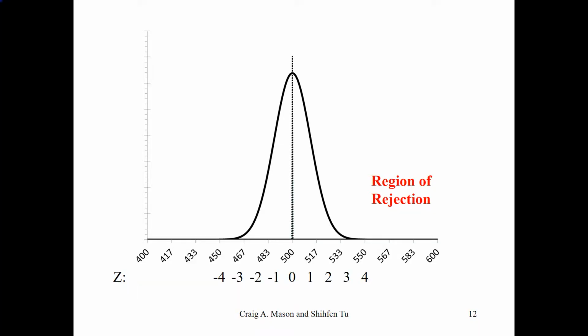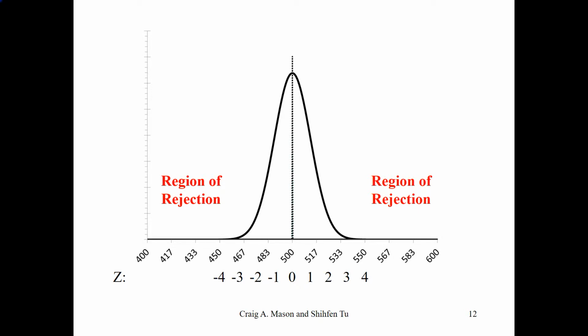What we need to do is split our alpha level in half and put half in each of the tails. That way, we'll make a type 1 error 2.5% of the time in this tail and 2.5% of the time in that tail. So for a two-tailed test, we have two regions of rejection, one in each tail.